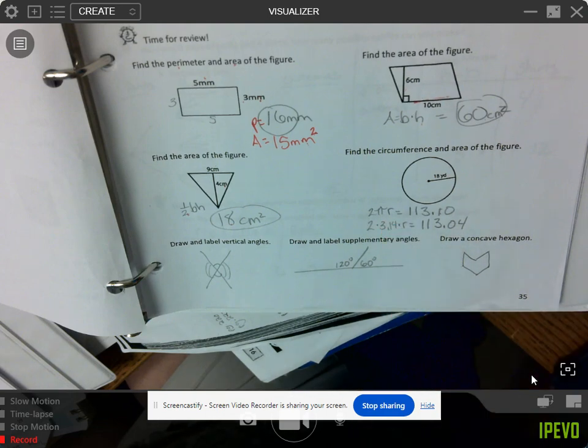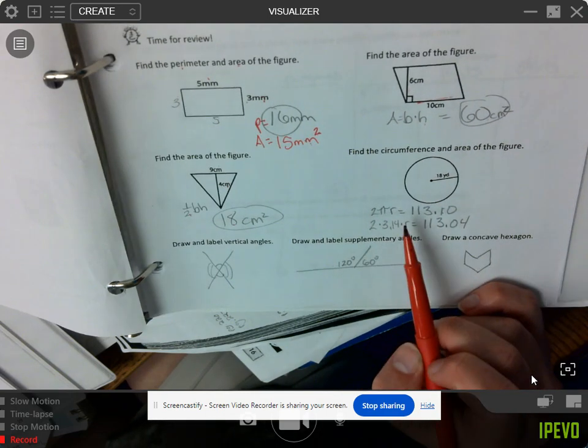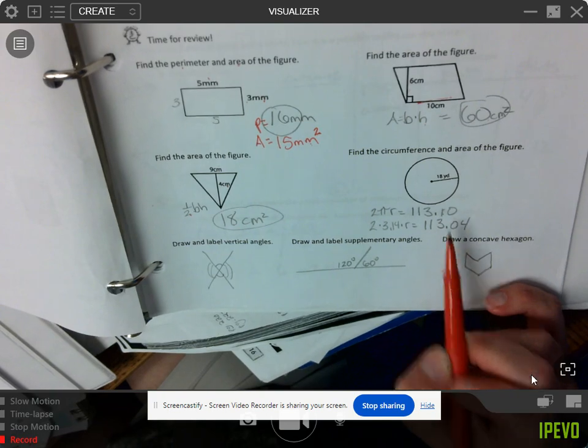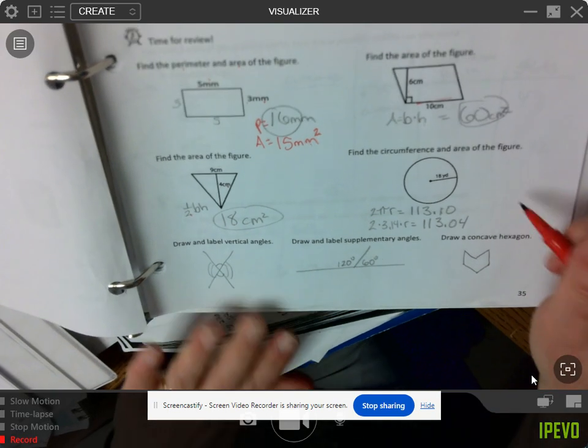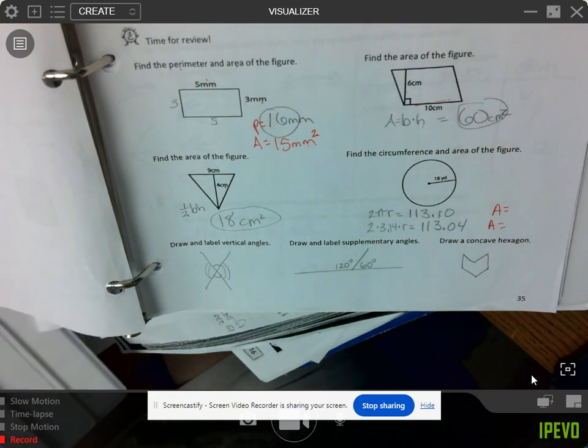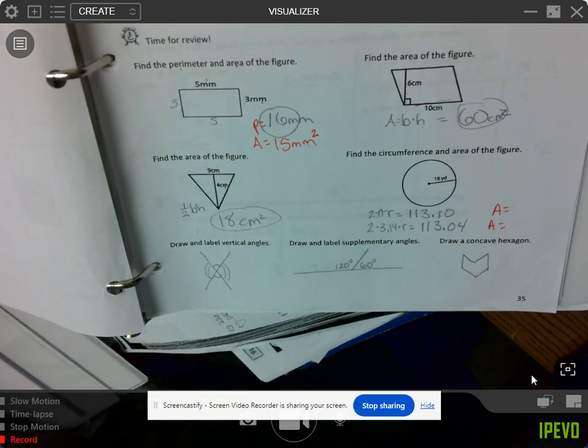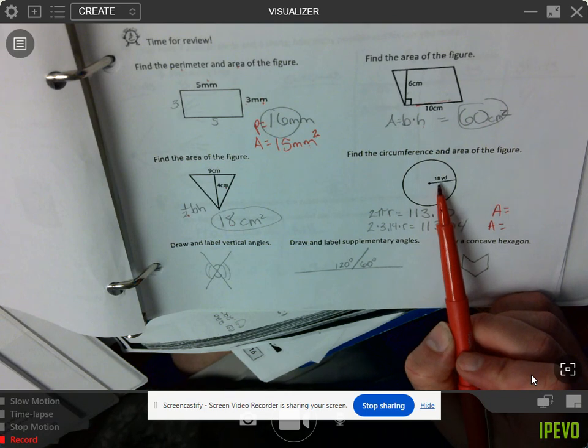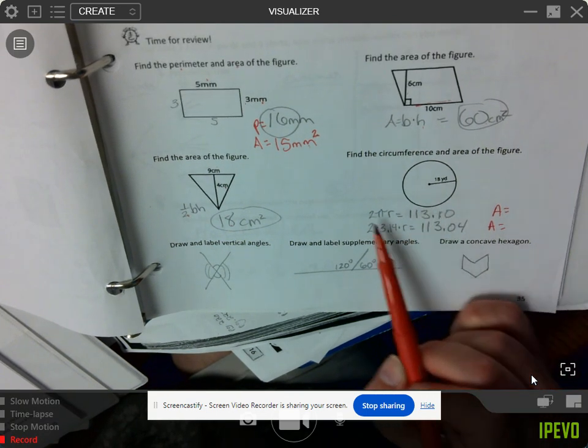So for the circumference, oh, again, I didn't find the area. Interesting. So for the circumference, if you multiplied 18 times 2, you get 36 times pi.